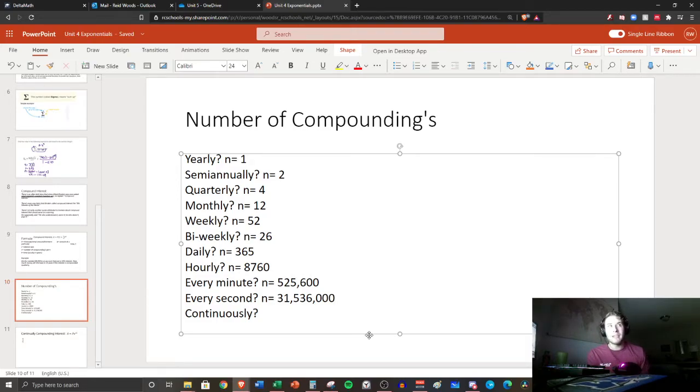We could do every half second, every tenth of a second, every thousandth of a second. Or, as this last one is saying, continuously, right? What the heck does that mean? What are we talking about when we say continuously? Well, even at the most microscopic level, we could divide time into the smallest unit of measure possible and then go even smaller.